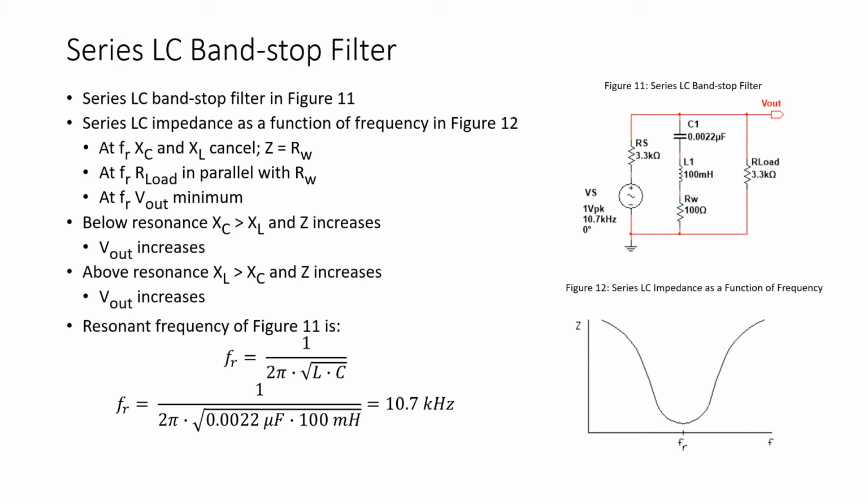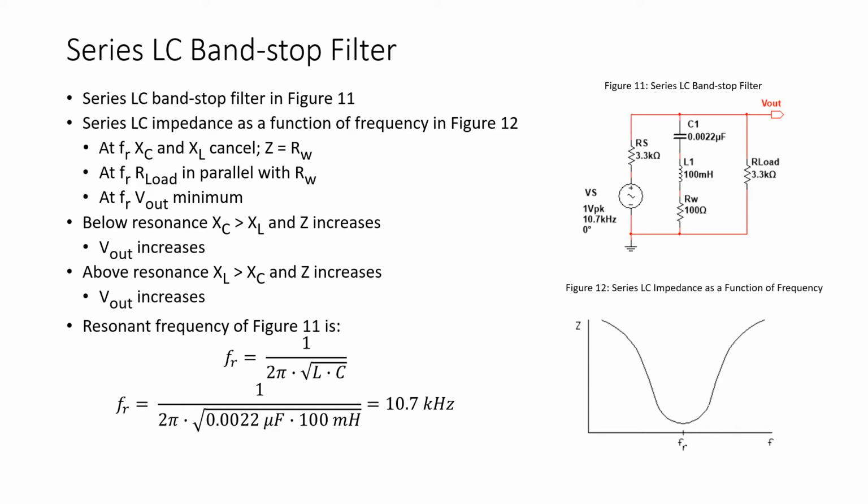Now we look at band stop filters. And we see an example of a band stop filter implemented with the series LC combination of C1 and L1, as shown in figure 11. Now again, figure 12 shows us the plot of impedance as a function of frequency for a series LC combination.